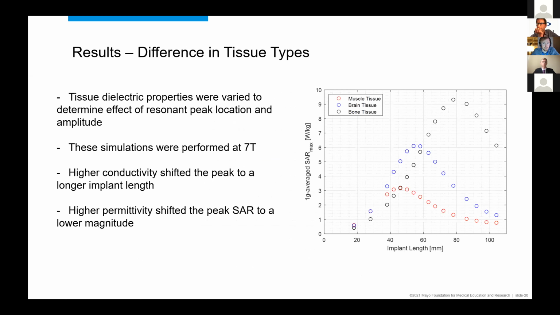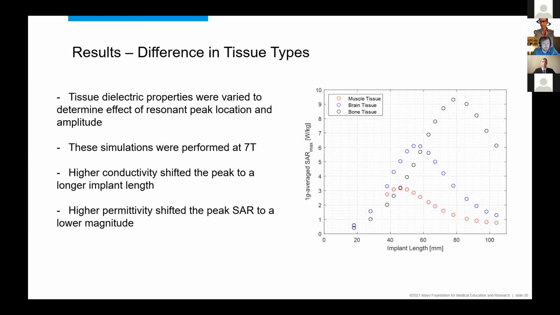We also decided to do one final batch of simulations where we wanted to see how the tissue dielectric properties, primarily the conductivity and permittivity of these tissues, determine the resonant peak location and amplitude. So we performed this final batch of simulations all at the 7 Tesla field strength, so no other lower field strengths either.